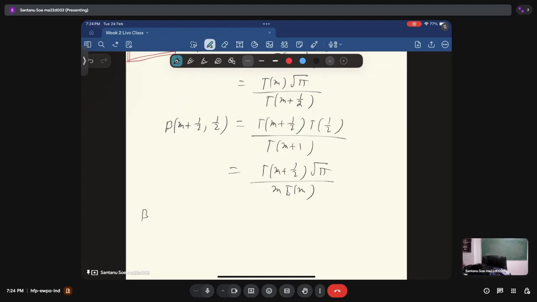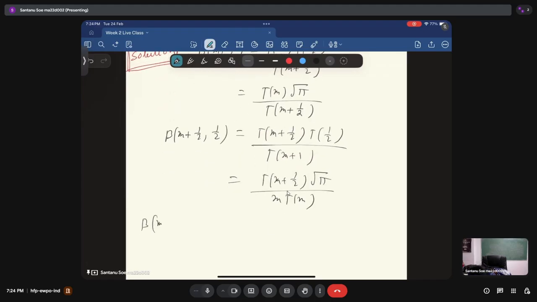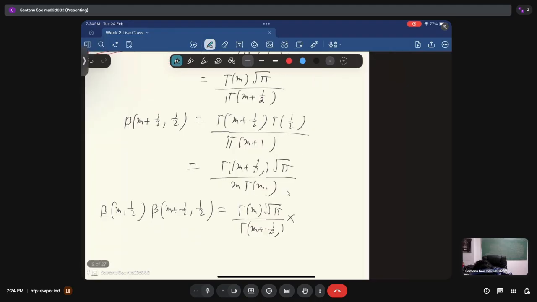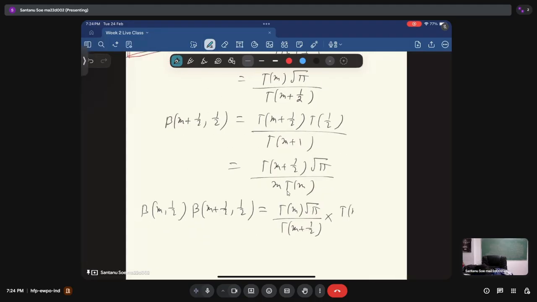So hence beta of m comma 1 by 2 into beta of m plus 1 by 2 comma 1 by 2 is gonna be gamma m root pi divided by gamma of m plus 1 by 2 multiplied by gamma of m plus 1 by 2 into root pi divided by m gamma m.